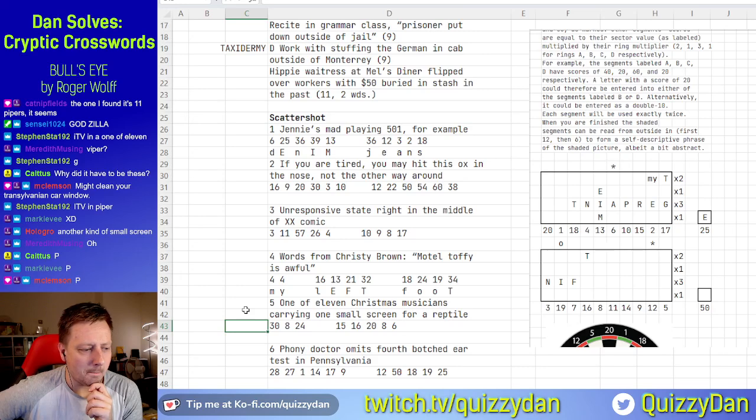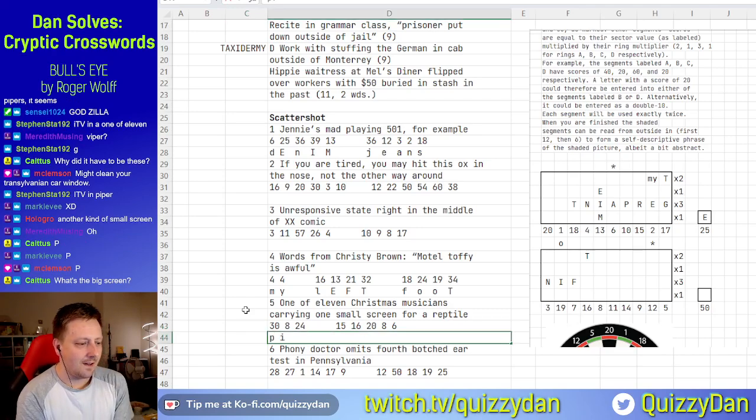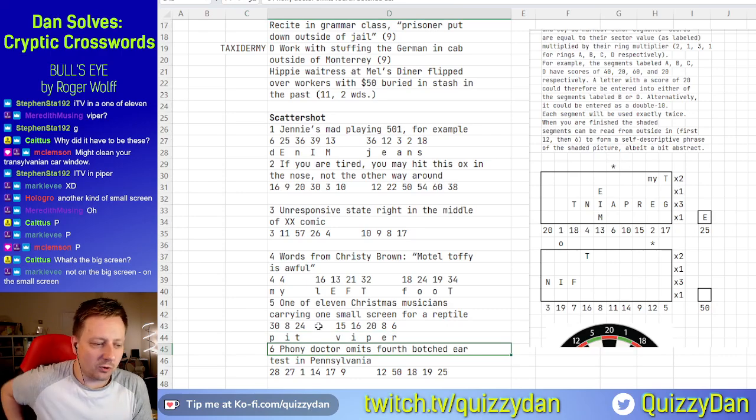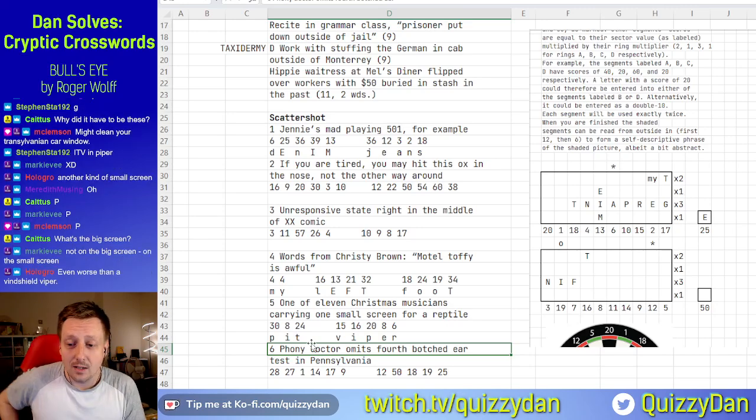Pip. Pit Viper. Yes, because TV. There you go. Pit Viper. There you go. And I haven't put that I in. Thank you, autocorrect. So it's TV for the small screen, and it is 1 small screen. So it is ITV. So Stephen may have been joking, because I thought he was, but he's actually right. Even worse than a windshield viper, absolutely.